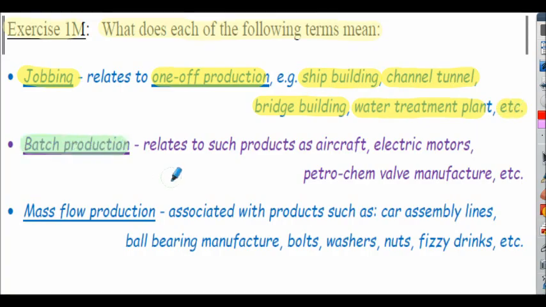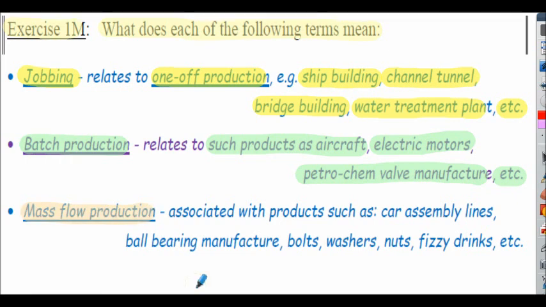Batch production relates to such products as aircraft, electric motors, petrochemical valve manufacture, etc. Here we might have batches from say 10 to 50, maybe 200 to 500, depending on the particular product. And mass flow production is associated with products such as car assembly lines, ball bearing manufacture, production of bolts, washers, nuts, fizzy drinks, etc.